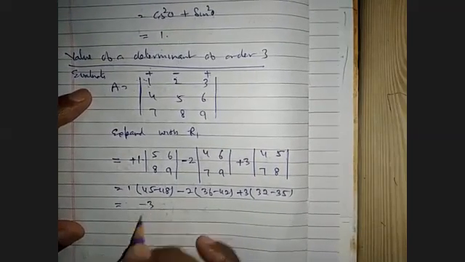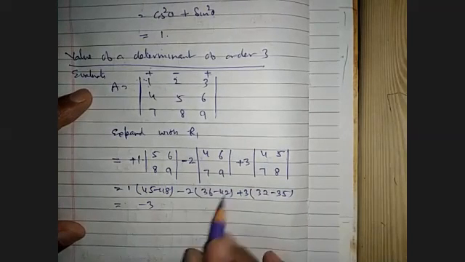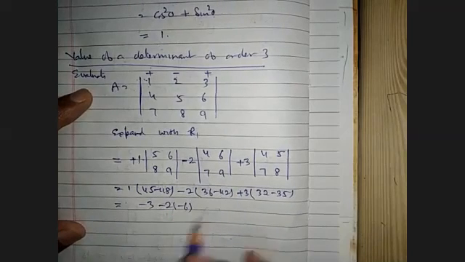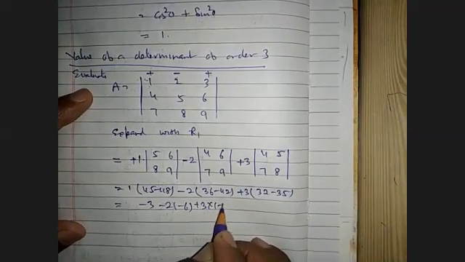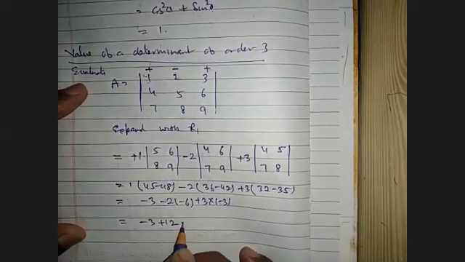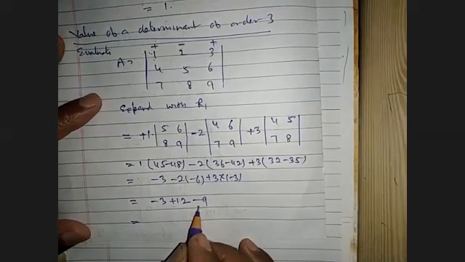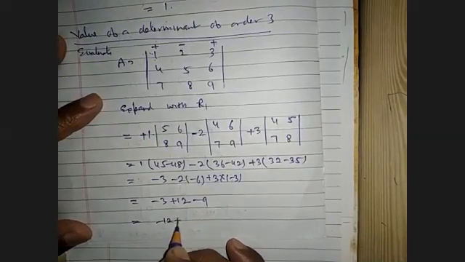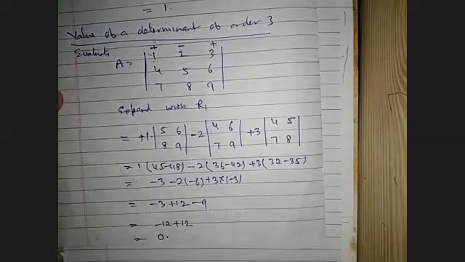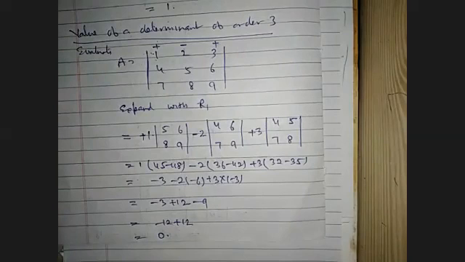We get minus 3, minus 2 into minus 6, plus 3 into minus 3. We get minus 3 plus 12 minus 9. Then this equals minus 3 minus 9 plus 12. The answer is 0. The value of this determinant is 0.